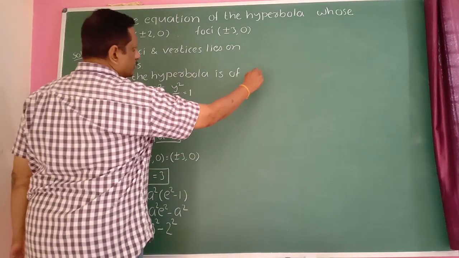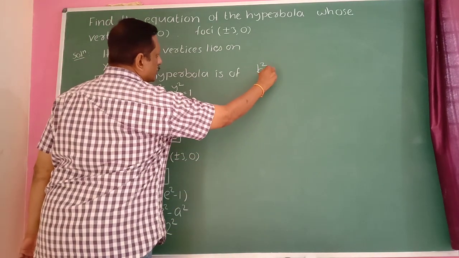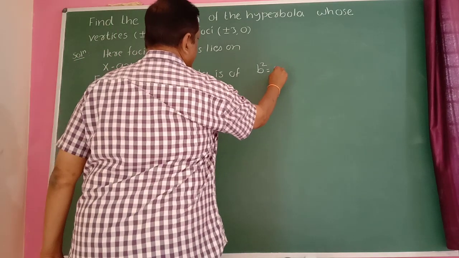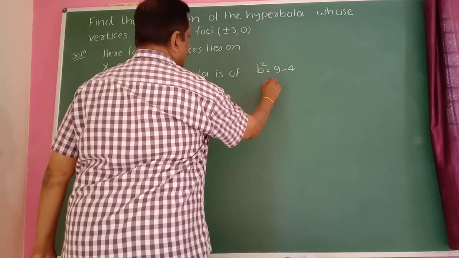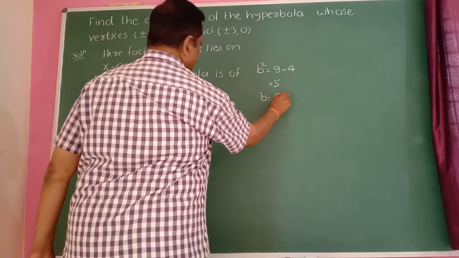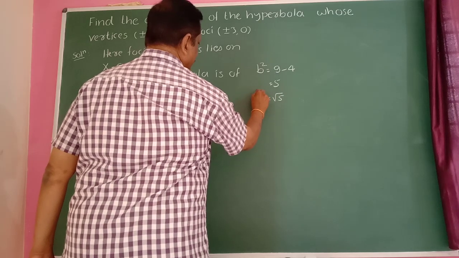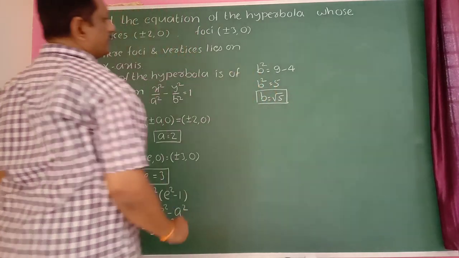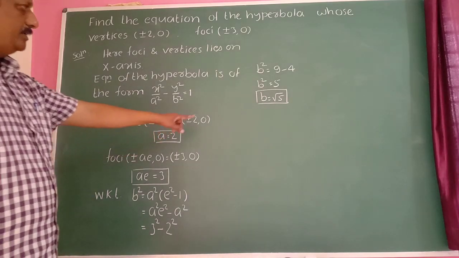Therefore, b² is equal to 9 minus 4, which is 5. So the value of b is root 5. Here a is 2 and b is root 5.